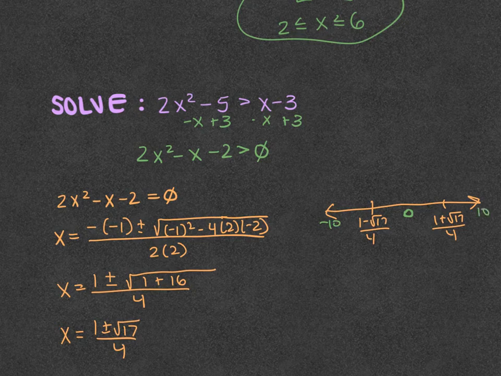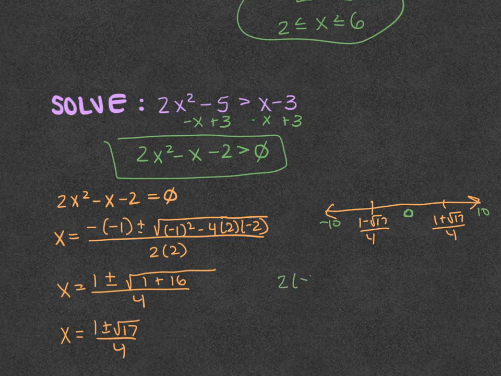Okay, so if we do that, we can just plug it into the original this time since we have such ugly numbers. If I plug in negative 10, I get 2 times negative 10 squared plus 10 minus 2. So that's going to end up being positive. I don't even have to work it out. If I plug in 0, I get negative 2, so negative.